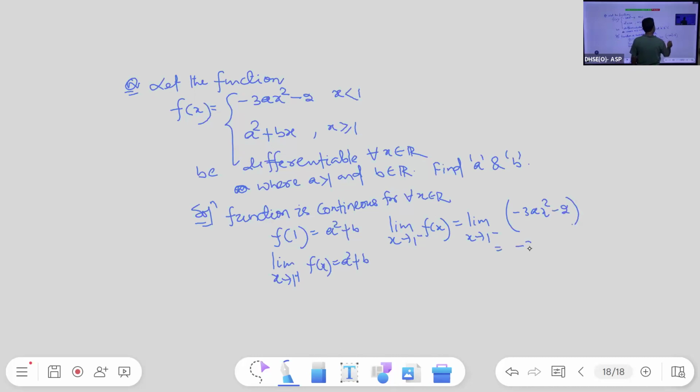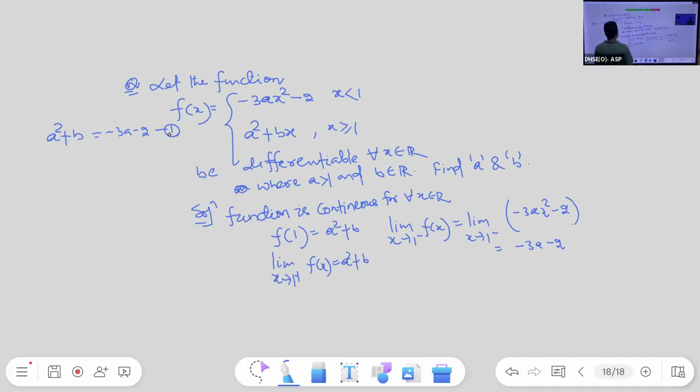So this one will be minus 3a minus 2. Since the function is continuous, left hand limit should be equal to right hand limit should be equal to value of the function. So a square plus b is equal to minus 3a minus 2. This is one of the equations obtained involving a and b.